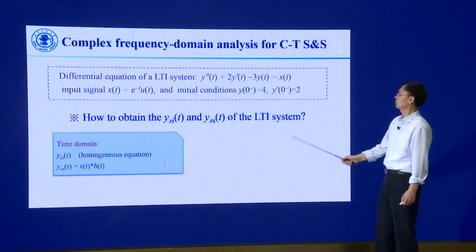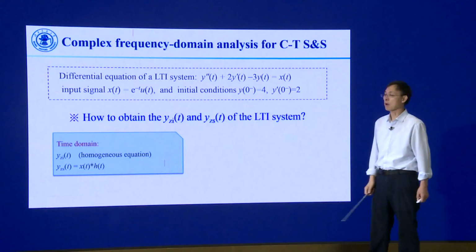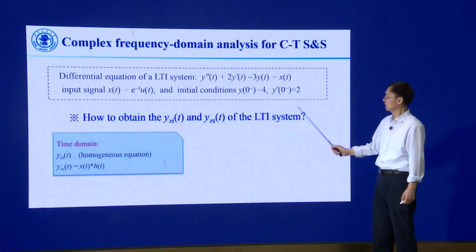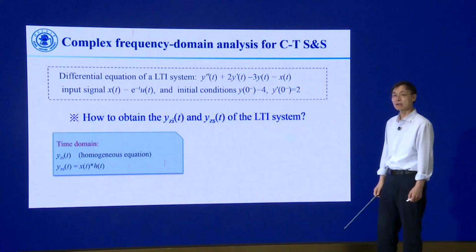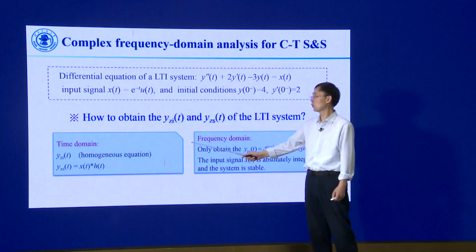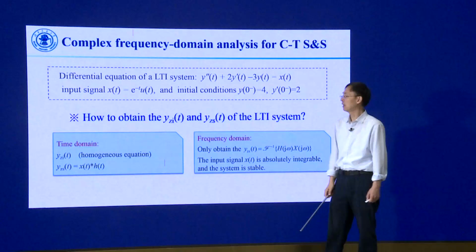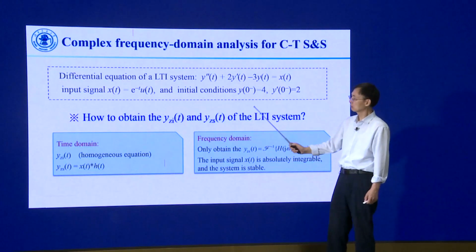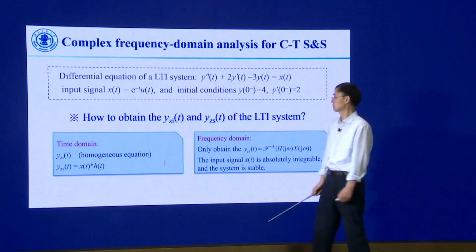How do we obtain the zero input response and zero state response for this system? In time domain, we use this homogeneous equation to get the zero input response, and by convolution to get the zero state response.